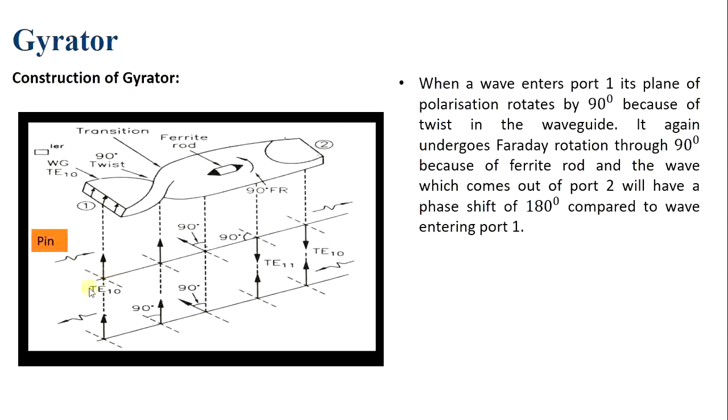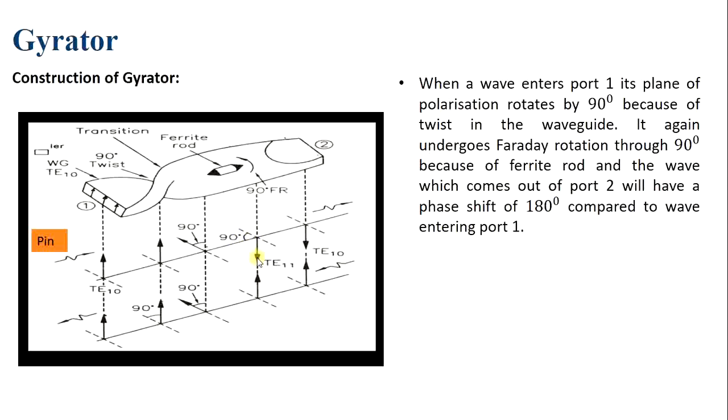Then this signal passes through this mechanical twist of 90 degrees, where the electric field vector gets rotated and becomes horizontal, and this signal then enters the ferrite rod where it is further rotated. When the signal comes out of the ferrite rod, it is rotated by 90 degrees in the anti-clockwise direction.